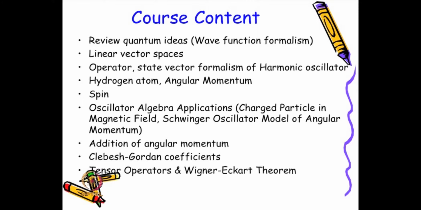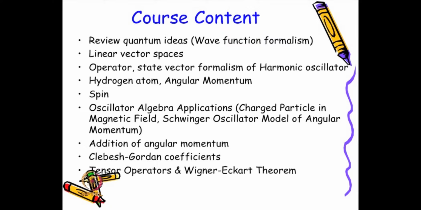Okay, so this is the plan. I want to take you slowly from what you have learnt in your first year into the second year first course, quantum mechanics. So, there will be a review of quantum ideas, then linear vector spaces, operators, state vector formalism of harmonic oscillators.